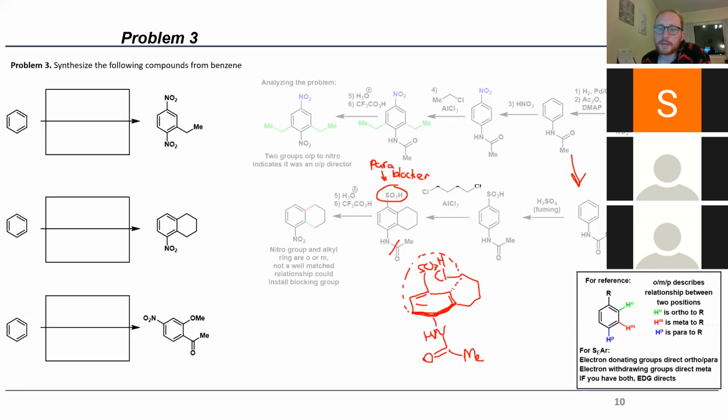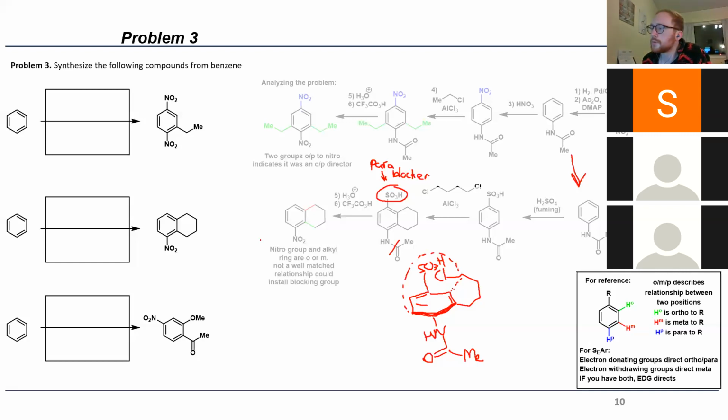Someone else asked, can we first do Friedel-Crafts acylation, then nitration, then reduce it to NH2, protect it, put on the sulfonic acid, and do another Friedel-Crafts alkylation?